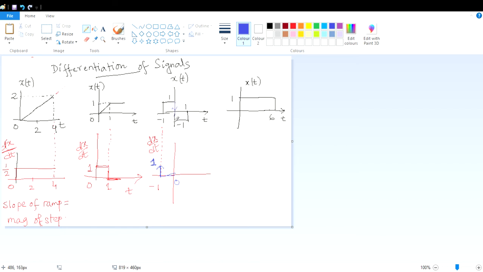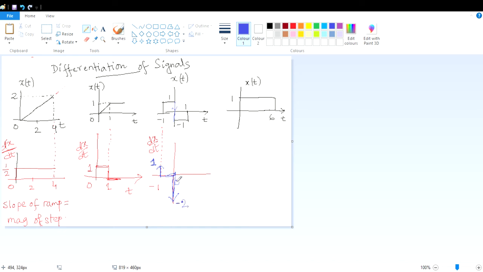This magnitude will convert into a weight of impulse, but in the downward direction. And what will be the weight? As the magnitude of the step from here to here is 2, the weight will be 2. As this is in the downward direction, it will be -2.